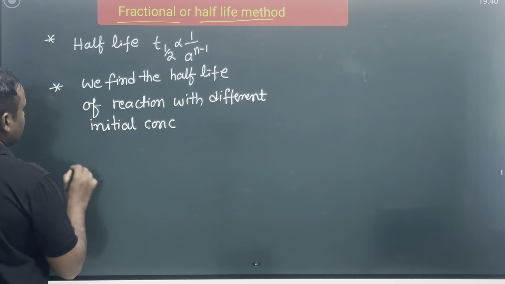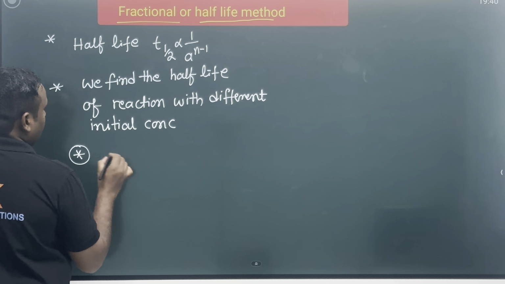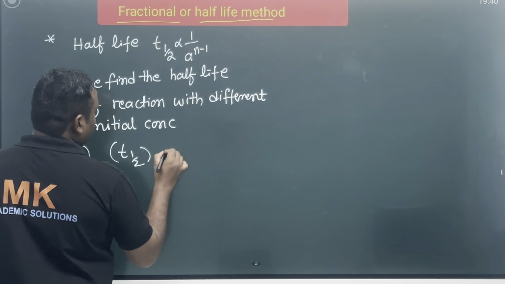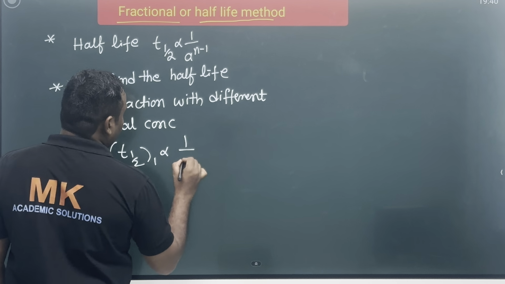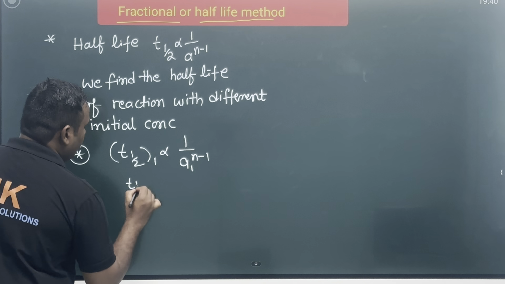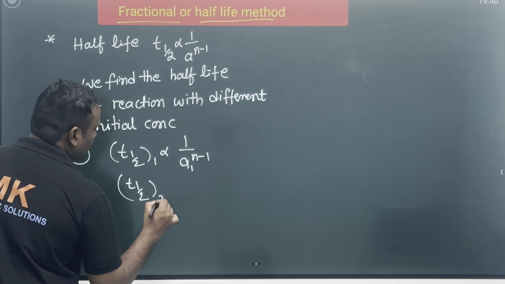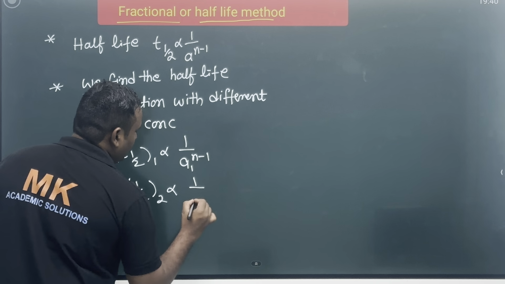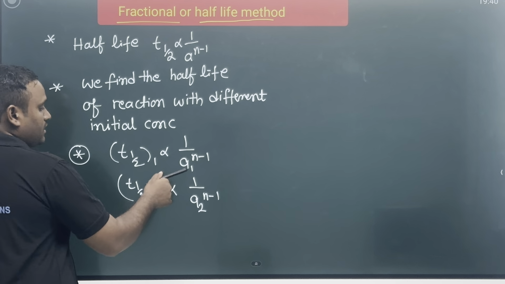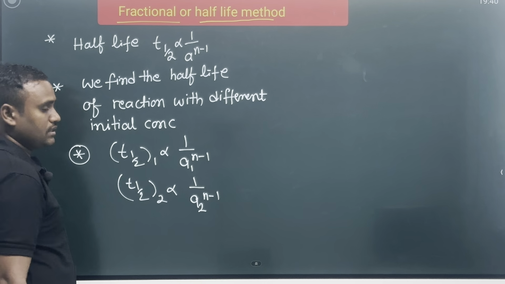So let us consider t half 1 is directly proportional to 1 by a1 power n minus 1, and t half 2 is proportional to 1 by a2 power n minus 1. For the same reaction, this is the initial concentration 1, this is the initial concentration 2.